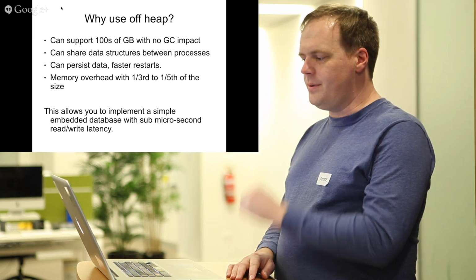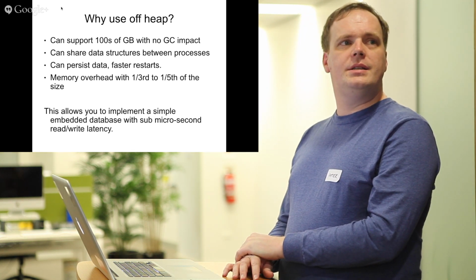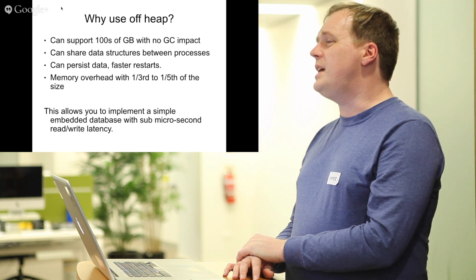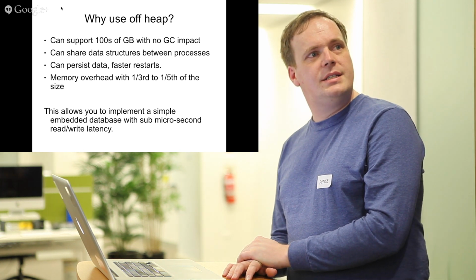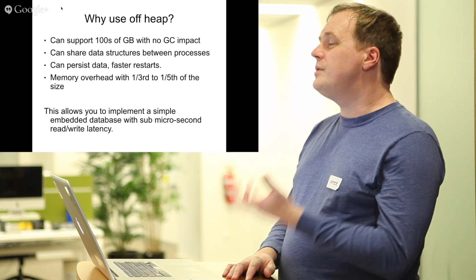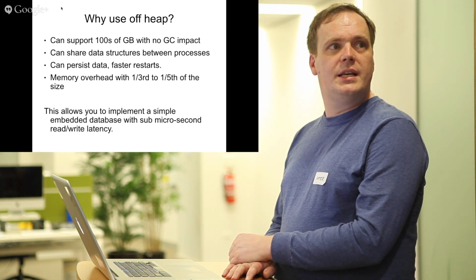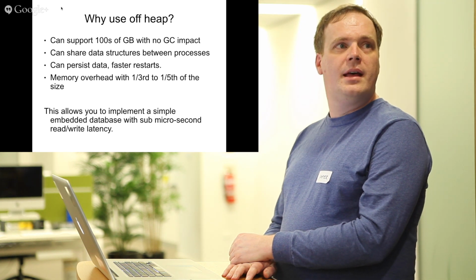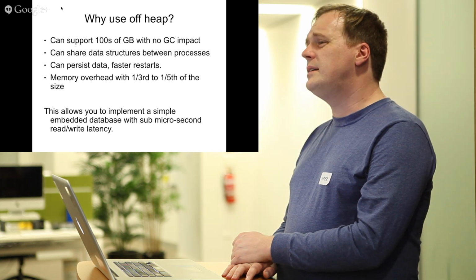So why use off-heap at all? Well, the main benefit of using off-heap is to minimize your GC impact. For example, I've tested a hashmap which I've written and will be for general release this week, that supports 100 gigabytes of data.